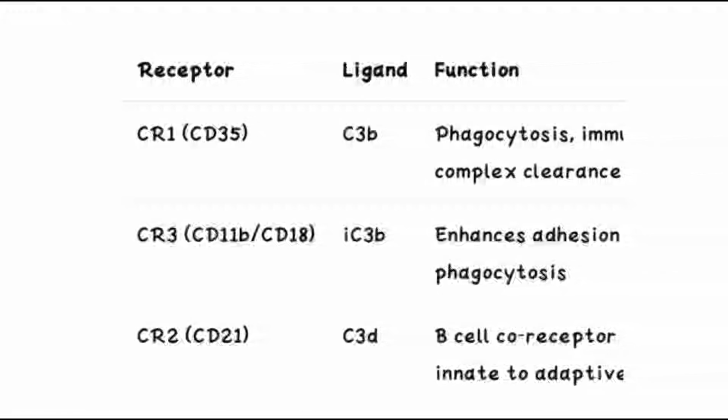For CD11b and CD18, the ligand is iC3b, and it functions in phagocytosis. For CR2, like CD21, the ligand is C3d, and the function is B cell activation.